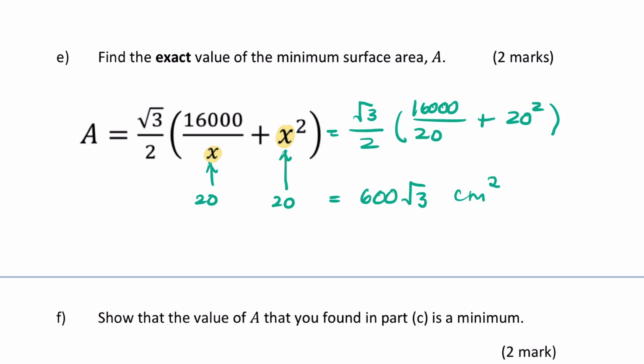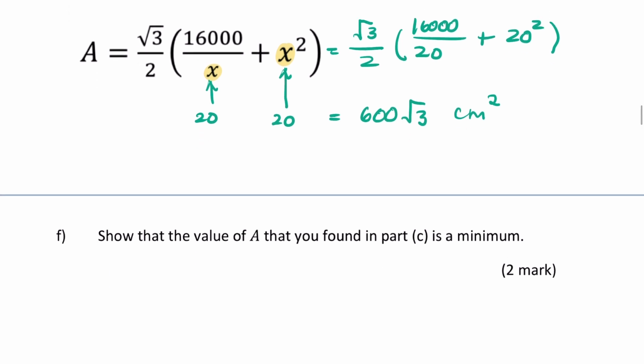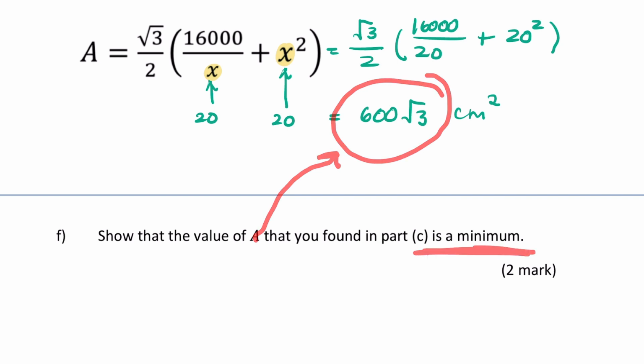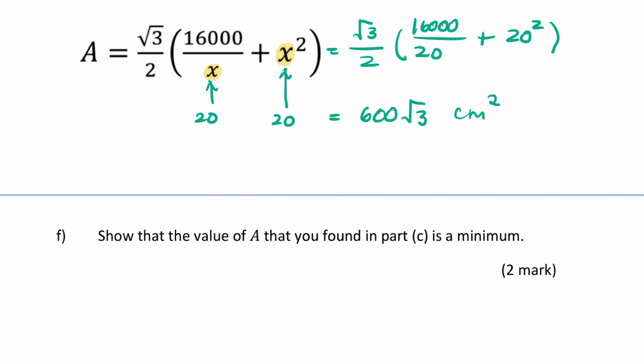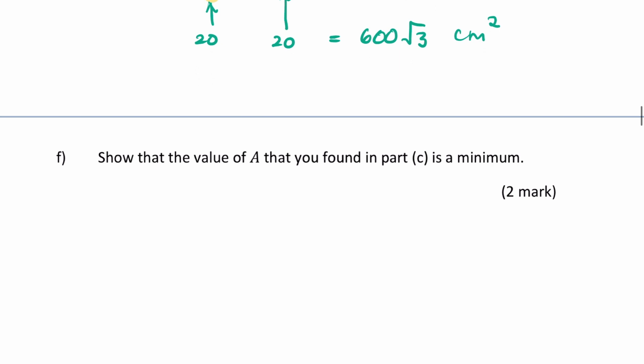The question then goes on to say, show that the value of A that you just found is a minimum. Well, what they mean is show that it's not a maximum. And to show that your turning point or your stationary point is a minimum, you need to show that the second derivative, d squared A over dx squared, is positive. So let's find the second derivative.